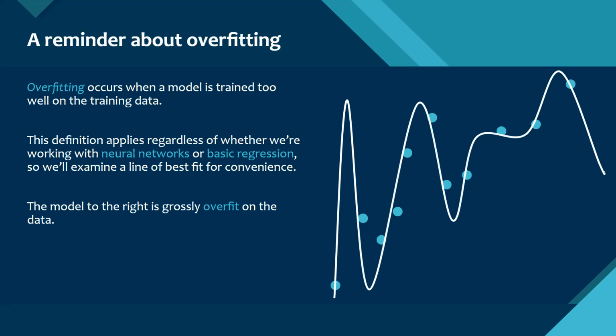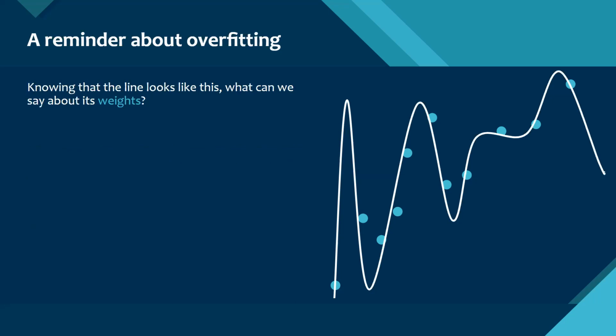It's actually an eighth degree polynomial. If we say, let's reduce the weights as much as we can to penalize the model for having big weights, then we won't have as complex a model, because the weights in front of the polynomial terms, especially the higher order ones, will be reduced. This is applicable to neural networks as well, but this is the simple case where we're just talking about polynomials.